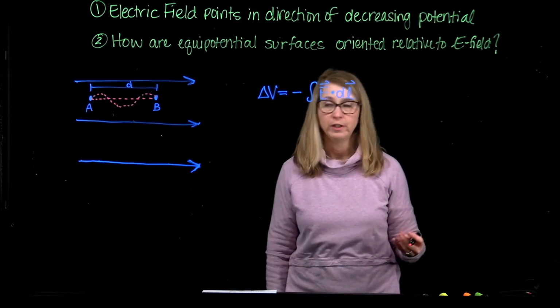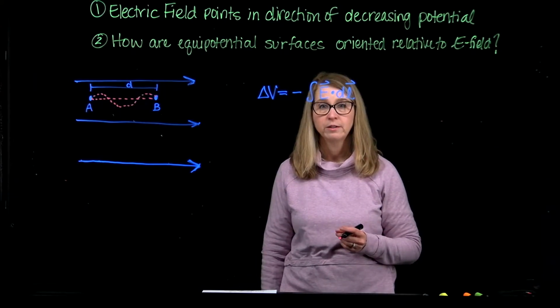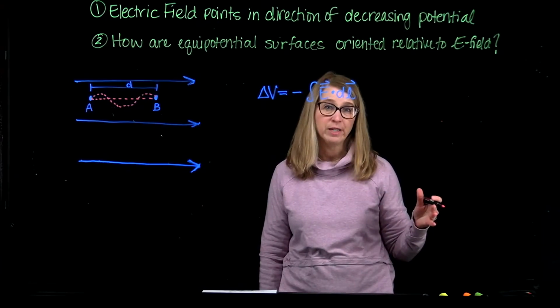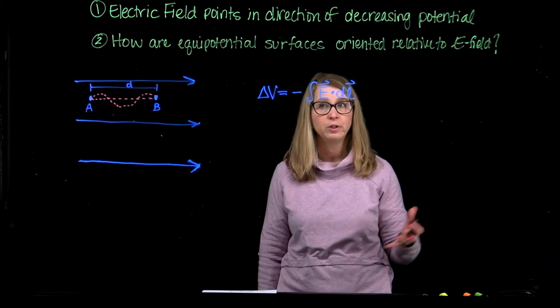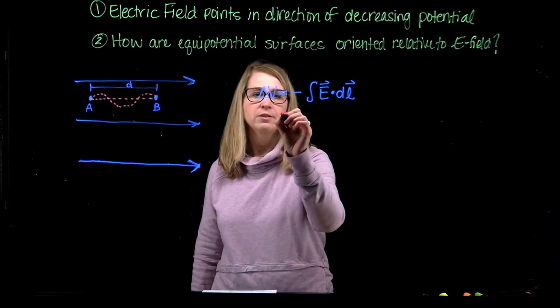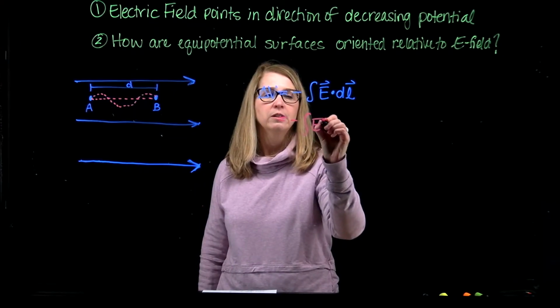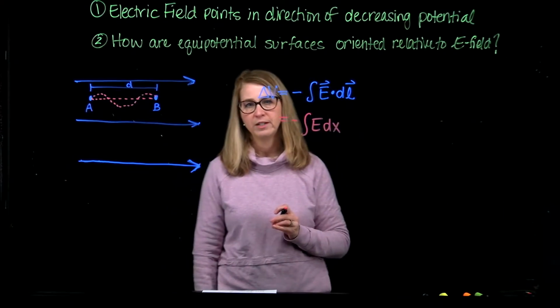Because the electric field in this scenario is strictly pointing towards the right, only the displacement along that direction is going to contribute to the change in potential. And so because the electric field points to the right, I could call it dx, my displacement.